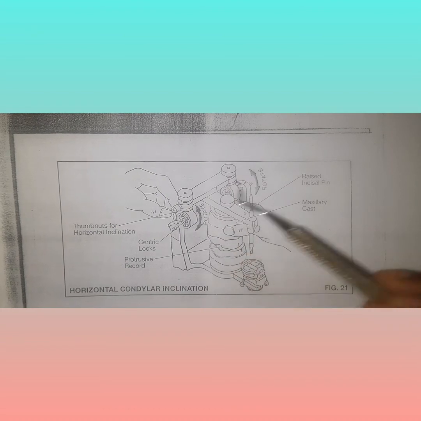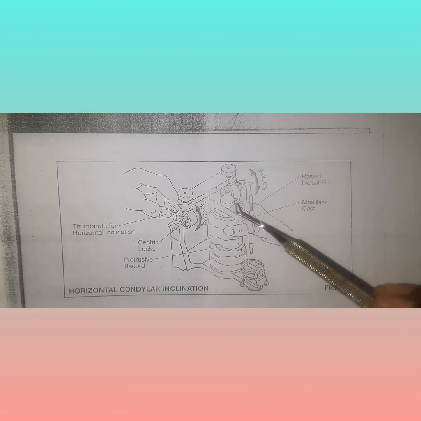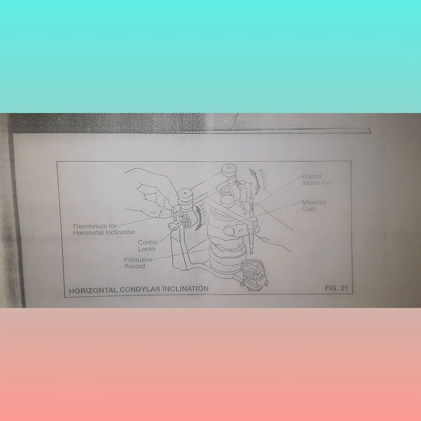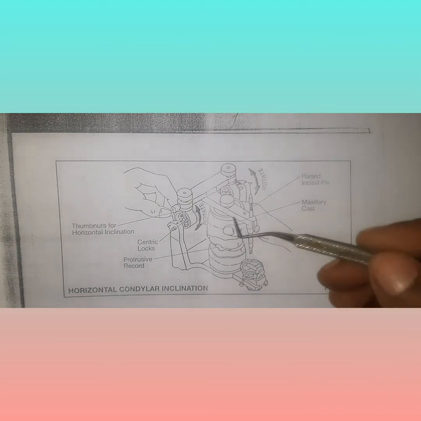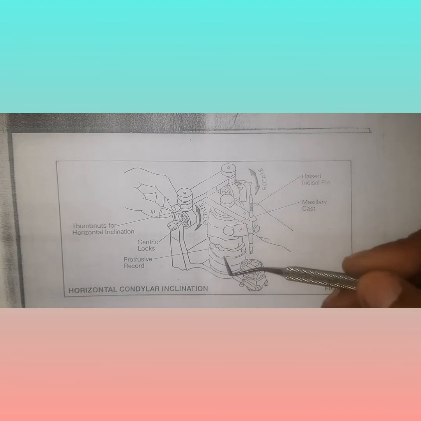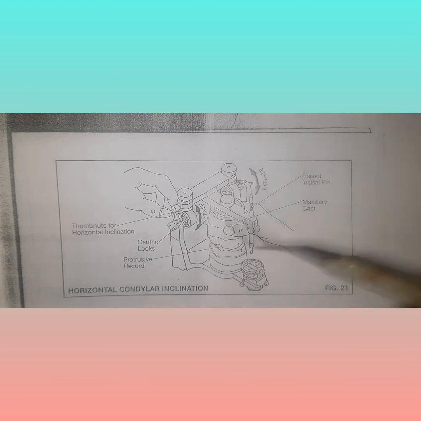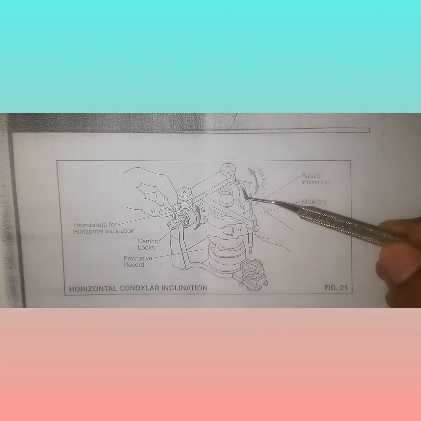You loosen all these condylar locks, the centric locks, and you raise the incisal pin and accordingly rotate them so that these rims accurately fit into a particular position. That is going to give you the horizontal condylar inclination, and accordingly you can calculate the lateral condylar inclination by using the formula L = H/8 + 12.